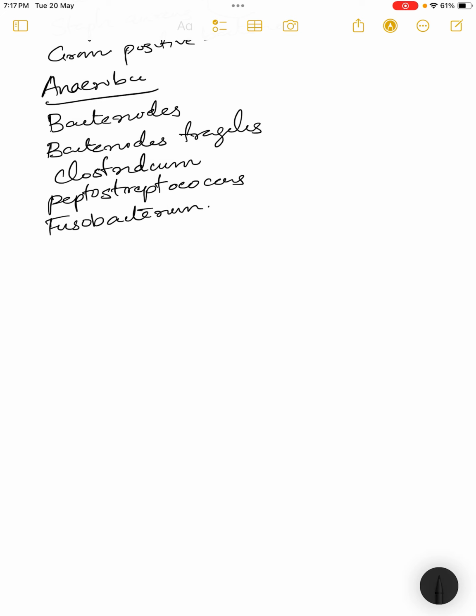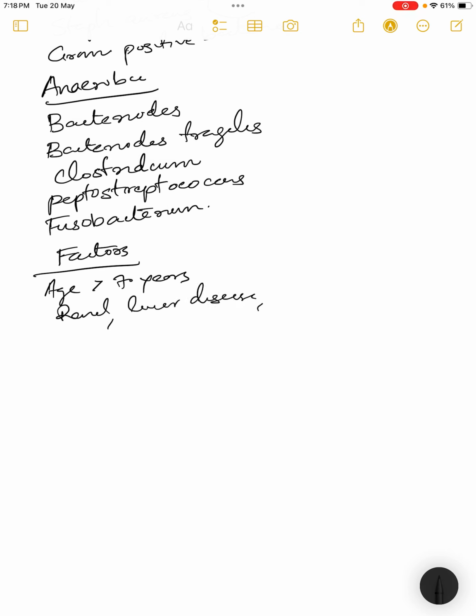What are the high risk factors which can aggravate the severity of intra-abdominal infections? Age more than 70 years, any medical comorbidities like renal or liver disease, any cancer, malnutrition, or the patient is having an immunocompromising condition like poorly controlled diabetes mellitus, or the patient is on steroids or any immunosuppressive agents.